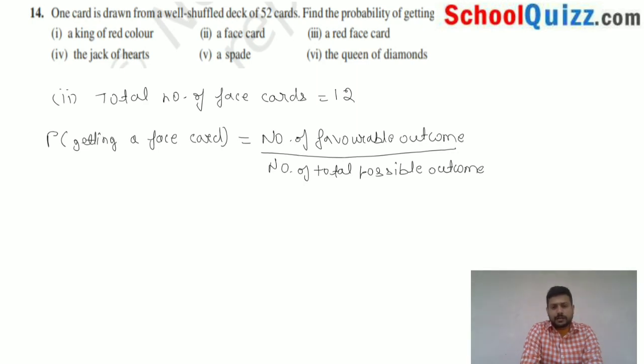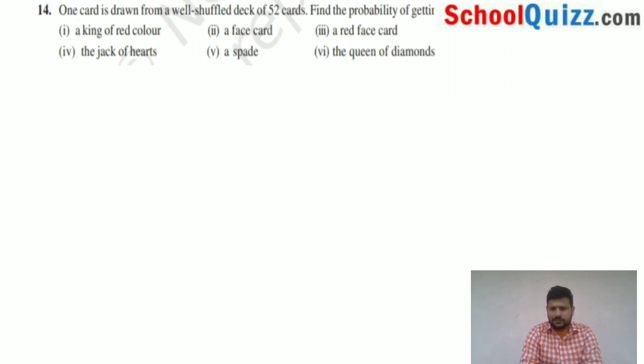Here the favorable outcomes are 12 and the total outcomes that we have is 52. So it becomes of the form 12 by 52, which can also be written as 3 by 13. So 3 by 13 is the probability of getting a face card. This is all from this part. Now let's proceed to the third part.